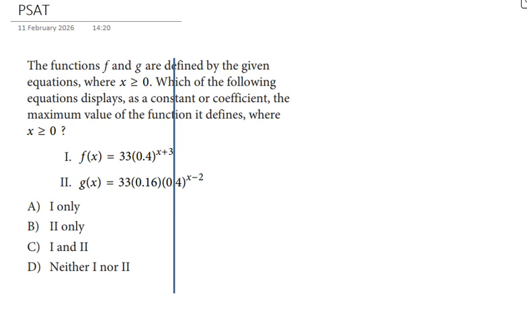Since 0.4 is less than 1, any function of the form a times (0.4)^x is a decreasing exponential function.